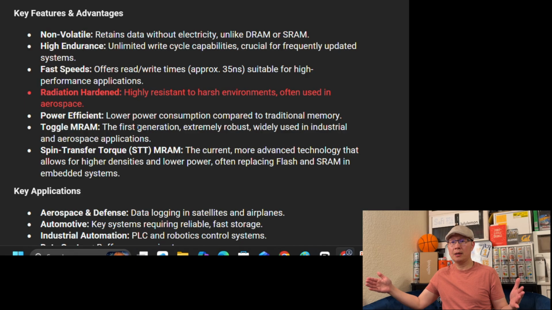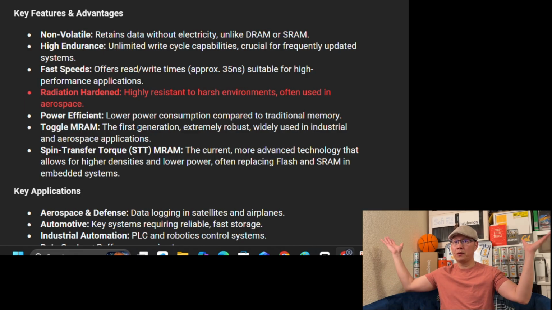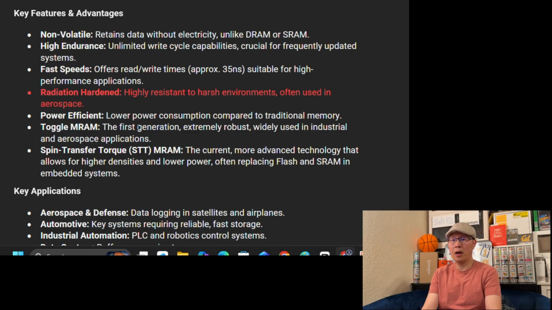Wow, it sounds like it has a good number of decades ahead of it for future growth opportunities. It's pretty nice when you have that much demand in the future. Because DRAM and SRAM do not seem to be suitable for space and defense application compared to MRAM. So, wow.